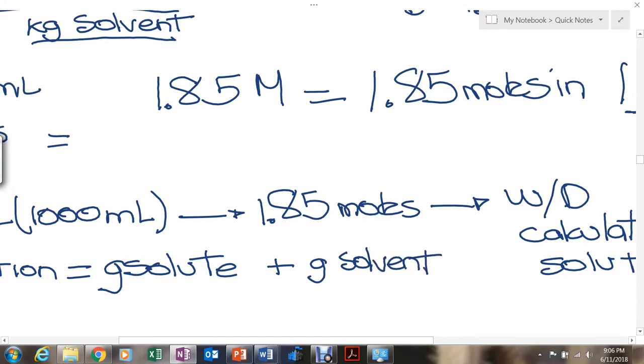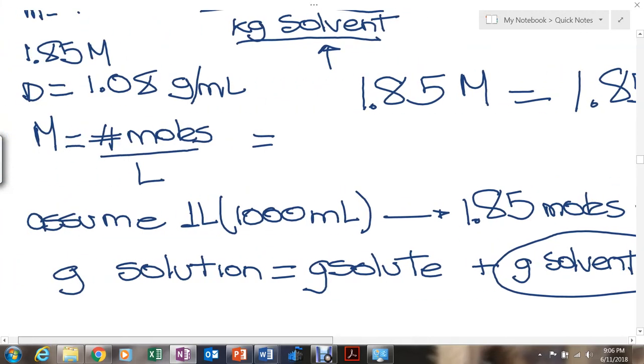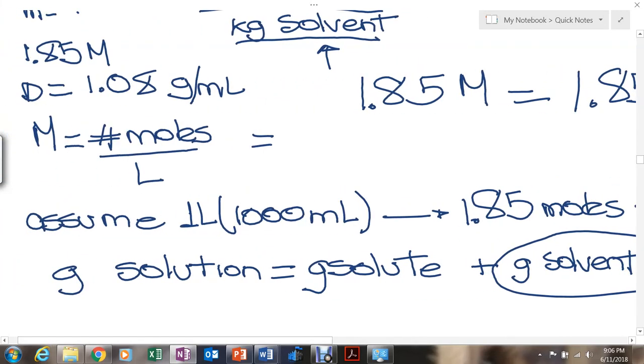So grams of solvent is what we need for the formula, kilograms of solvent, do you see it up here? If we got grams of solution from the density and the liter, and we got the grams of solute, where can you get the grams of solute? Don't you have the moles? Yes, we do.